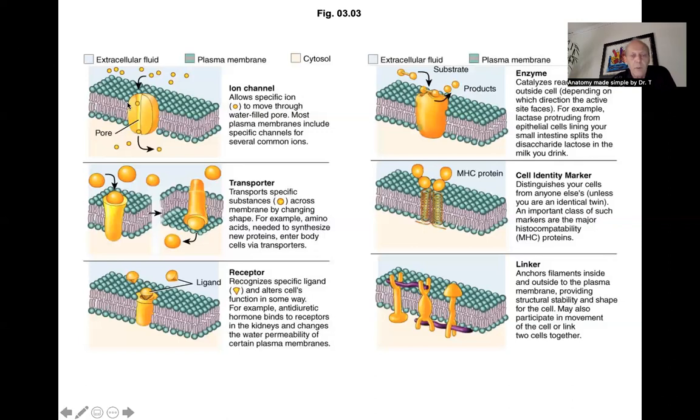So we would need to open up this protein and allow that simple concentration gradient to push sodium into the cell by diffusion, going from higher to lower concentration. When the protein closes its pore, the transport must stop.